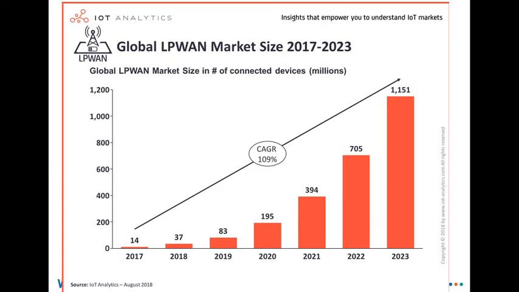Here you can see, with a 109% growth rate per year, it goes from 14 million in 2017 to 1,151 million in 2023. It's such a huge market size. We believe that it will become a leading communication technology and become more and more popular as time goes on.